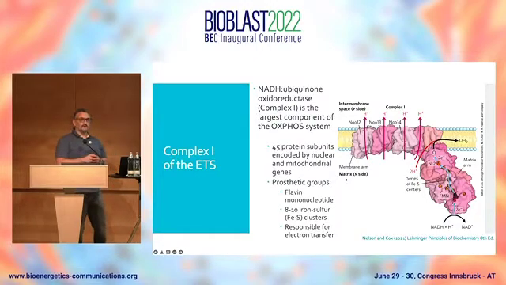We all know complex 1, NADH dehydrogenase, NADH ubiquinone oxidoreductase, is the largest of the electron transport system. It's made up of 45 protein subunits with very important prosthetic groups, the FMN and 8 to 10 iron sulfur clusters that are absolutely required for the electron transport capacity of the protein.